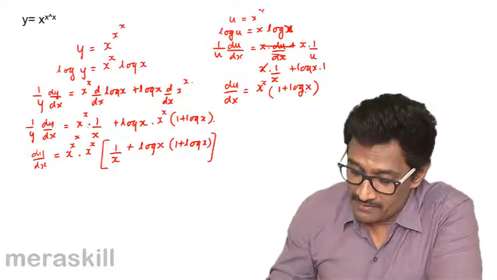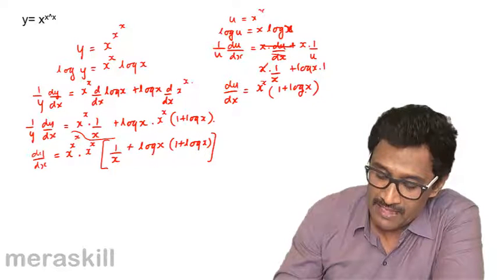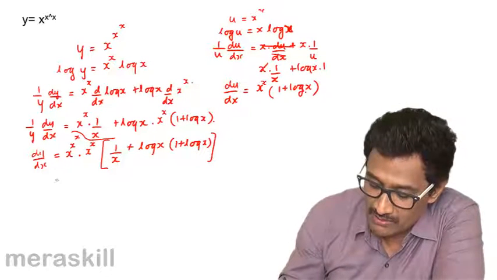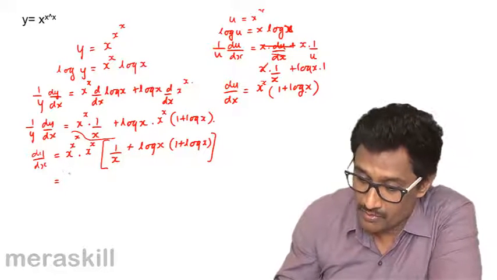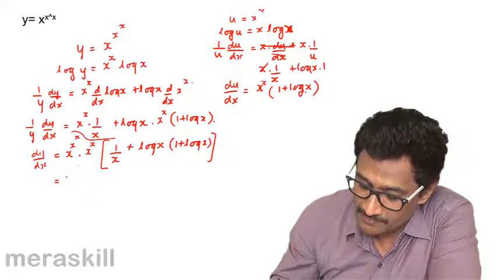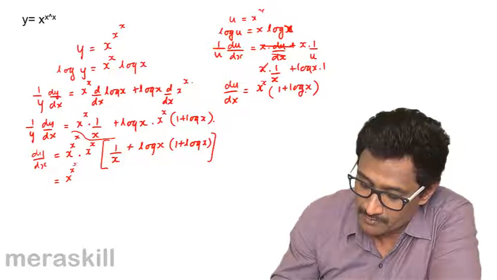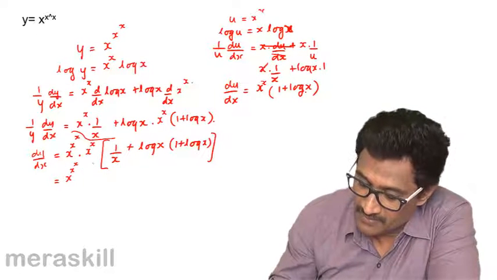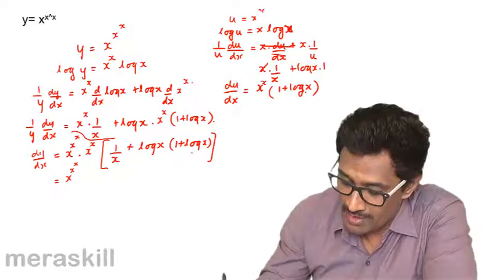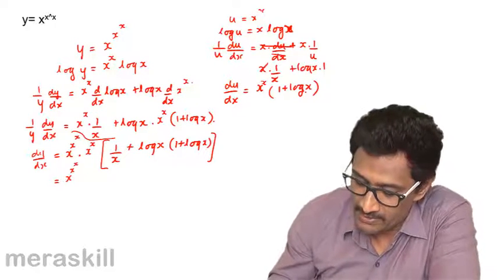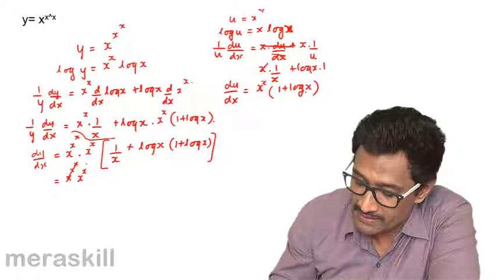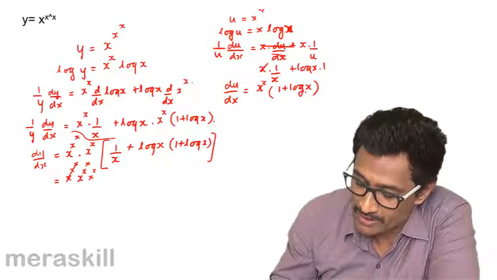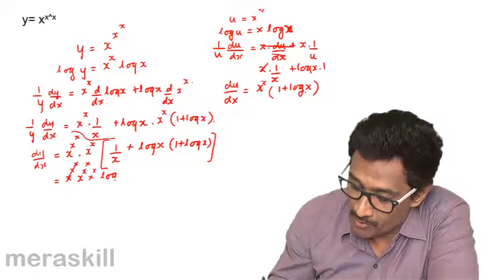You can simplify this further. Remember, this is x raised to m into x raised to n. So we have x raised to x. In this we can even take log x common. So you get x raised to x, x raised to x, and you can even take log x common.